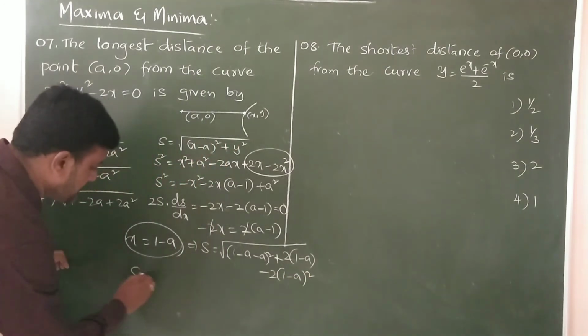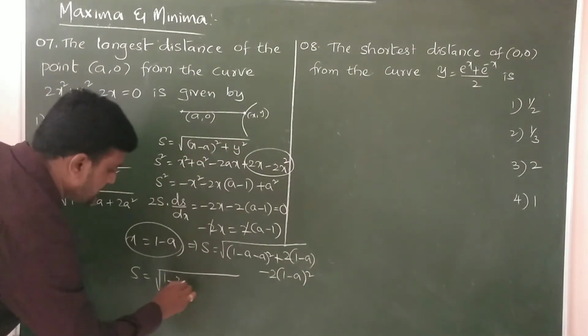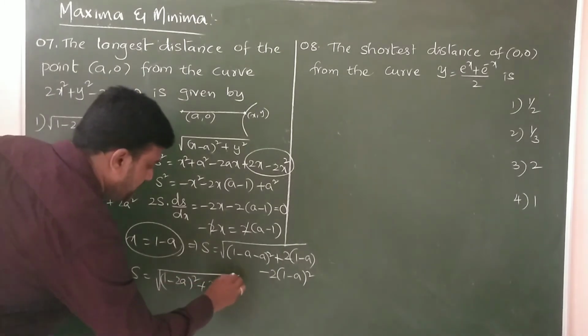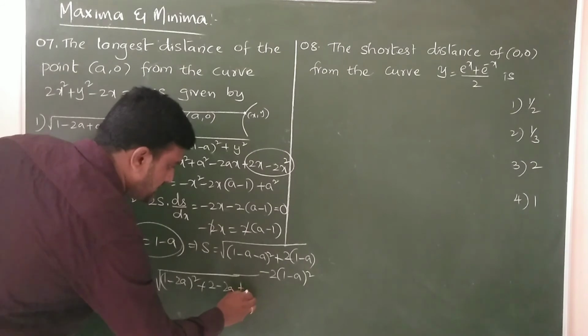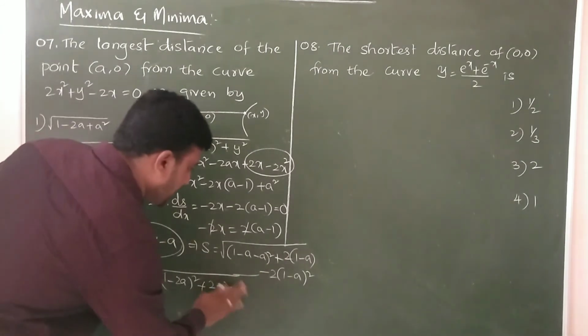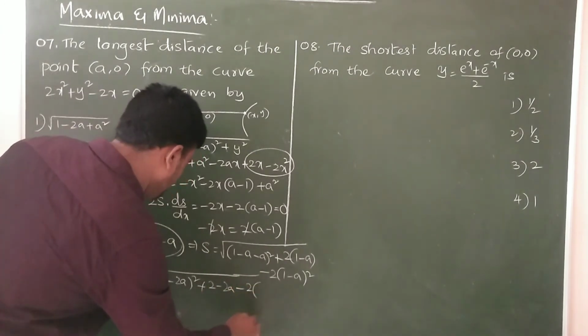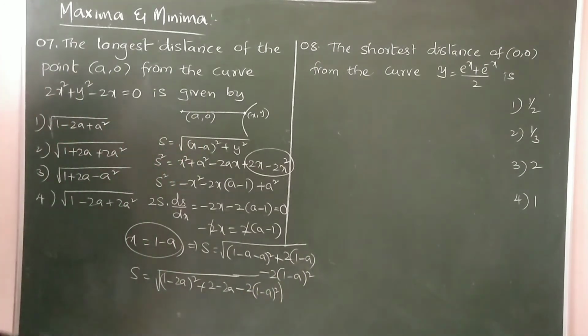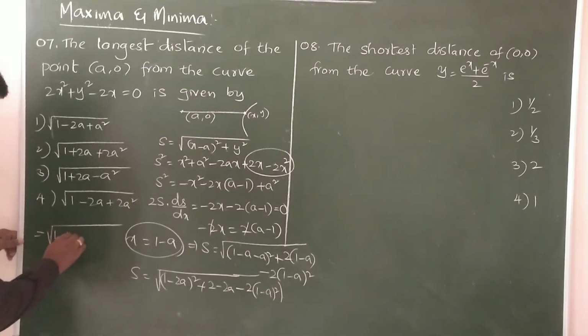Then simplify. It is a lengthy simplification. Under root, 1 plus 4a square minus 4a.